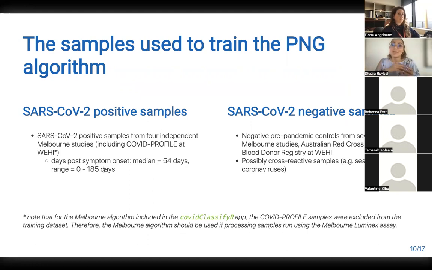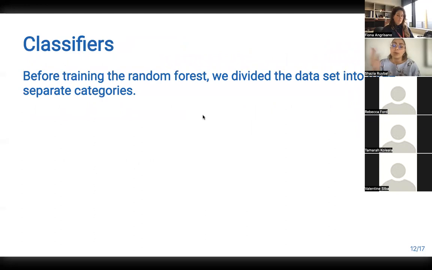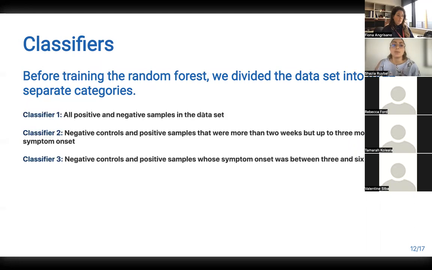We know that someone who was exposed 5 months ago will probably have lower levels of antibodies than someone who was exposed 2 weeks ago or 2 months ago. So we wanted to take this into consideration when we trained the algorithm with the positive samples, and we've actually trained 3 separate classifiers.